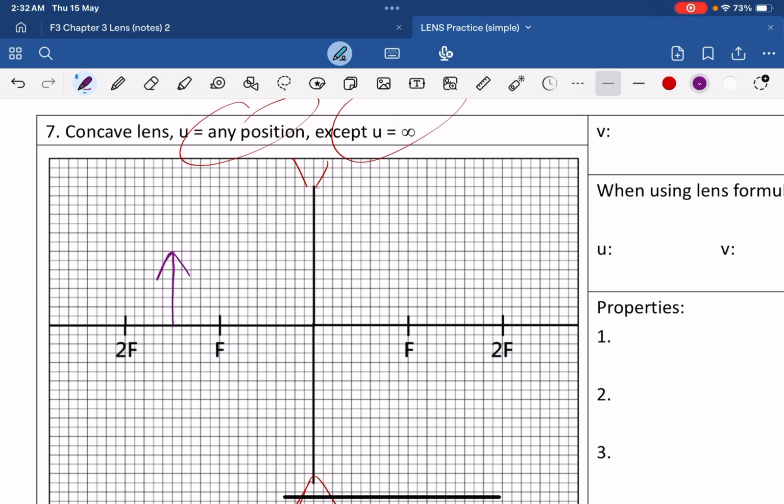For the first light ray, you need to know how to draw this. It is a horizontal line, and then it diverges from the focus. And this is the straight solid line on the right hand side.